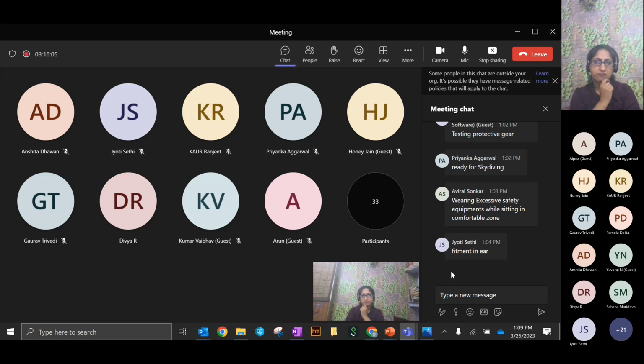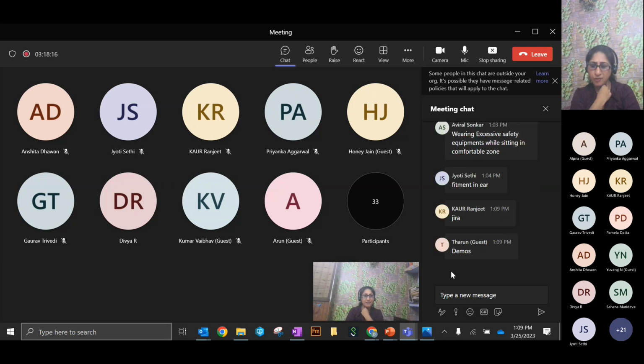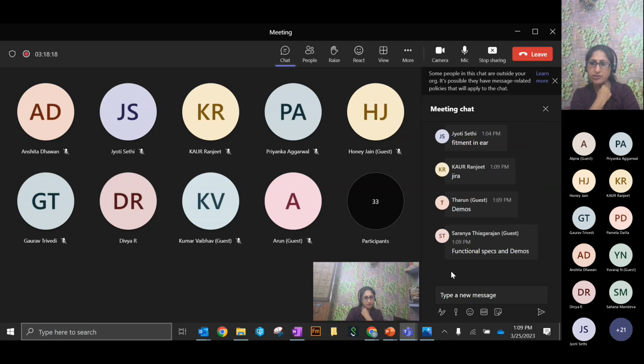Anybody? Come on, we get work every couple of months. Demos, okay. Functional specs, yes. And in the sessions earlier, they were talking about getting the high level designs, correct? So these are the kinds of documents that we get.